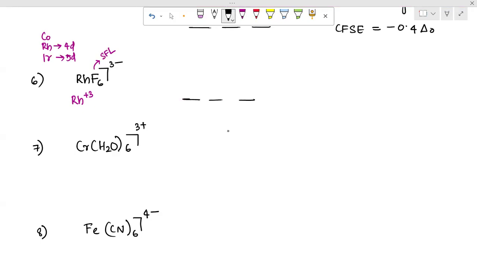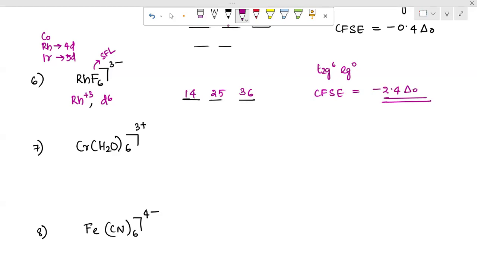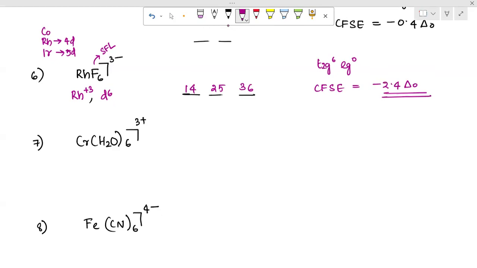As a result, the T2G, EG gap would be huge. It's just like cobalt 3 plus D6 configuration. So you have to fill 1, 2, 3. Splitting is huge. 4, 5, 6 will pair over here itself. T2G6 EG0 is the configuration. And the CFSE is minus 0.4 into 6 delta O, which is minus 2.4 delta O.